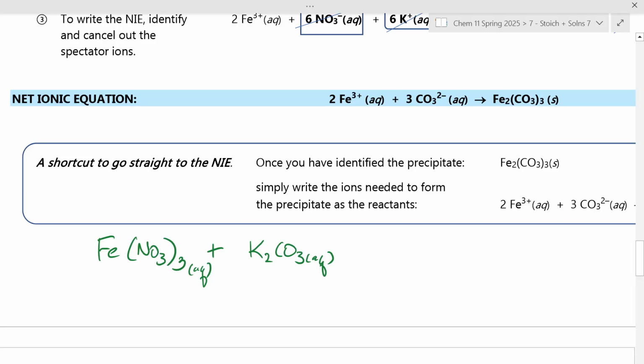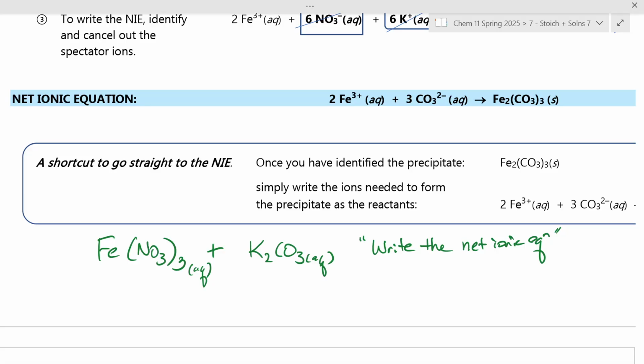And what if my only question was, write the net ionic equation? You won't get that much this year, but next year in grade 12, being able to write the net ionic equation is a key skill.